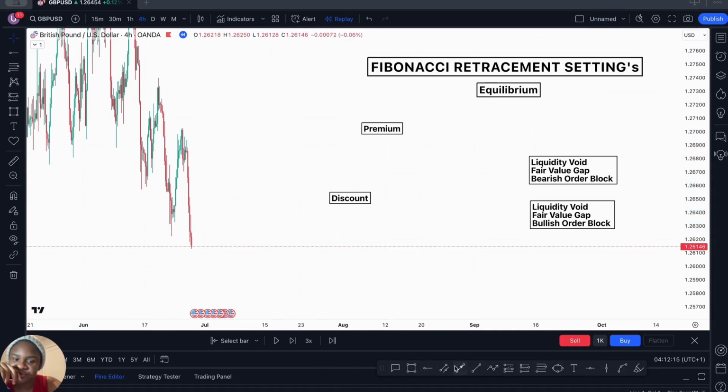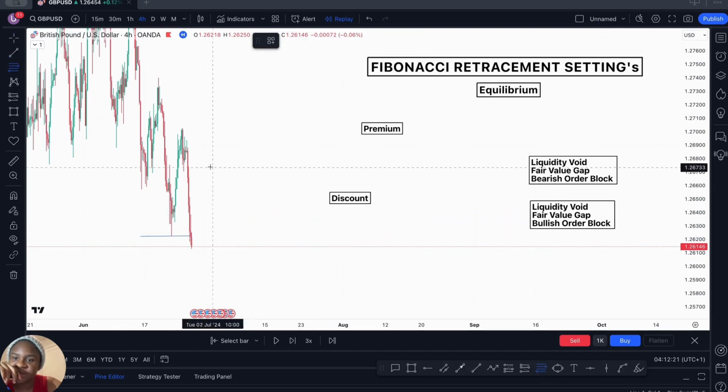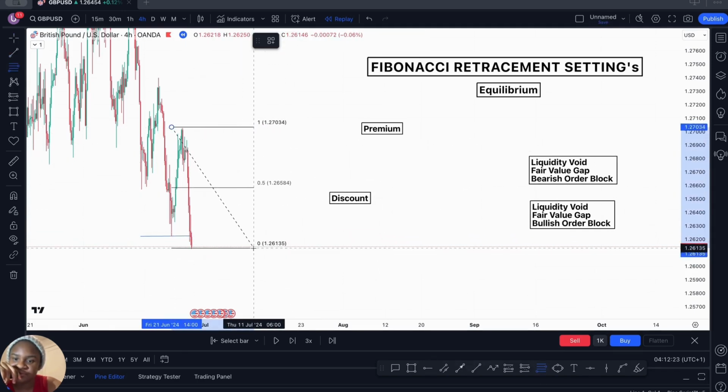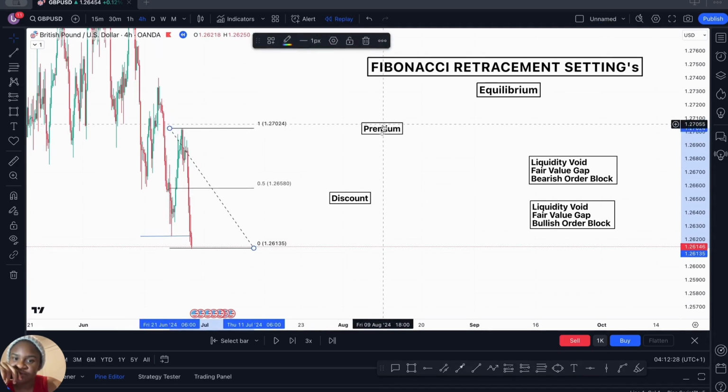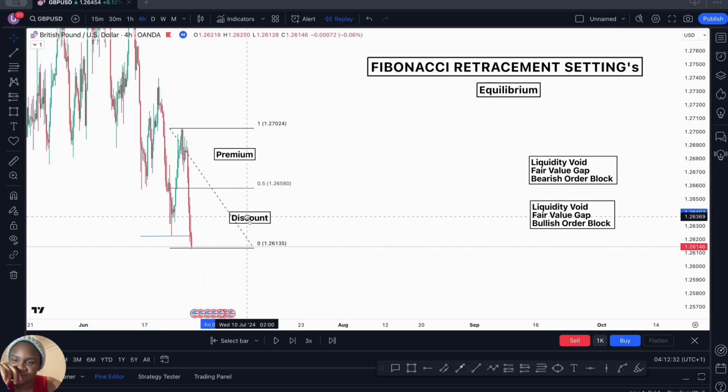This is a break of structure here, right? I'm going to use my Fibonacci from the high to the low, signaling to you that this upside is the premium and the downside is the discount.